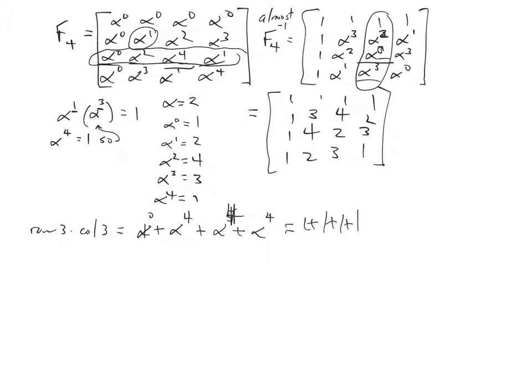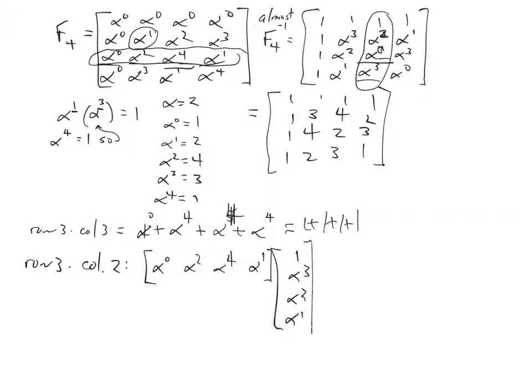The more interesting thing is if we take row 3 dotted with column 2, that's alpha to the 0, alpha squared, alpha to the 4th, alpha to the 1, that little row matrix, times this column matrix, 1, alpha cubed, alpha squared, alpha to the 1.